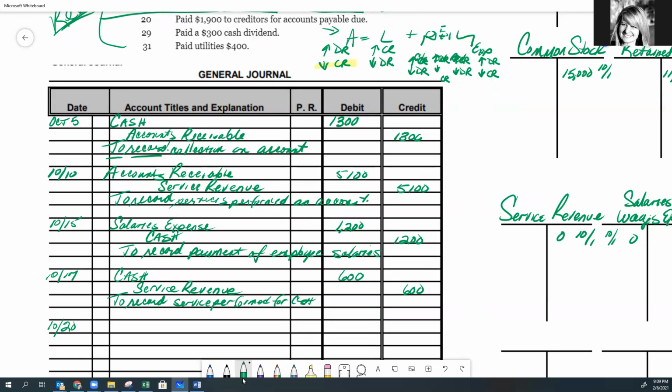So I'm going to skip a line and put my credit to cash here. Cash is an asset. Crediting it makes it go down. And I am going to debit accounts payable, and let's take a look at what that does to accounts payable.